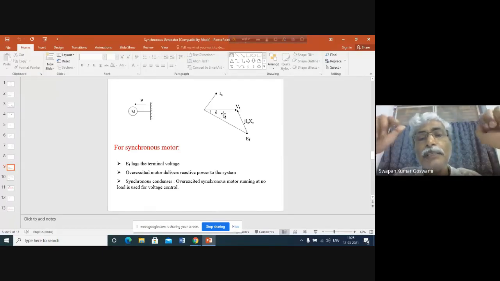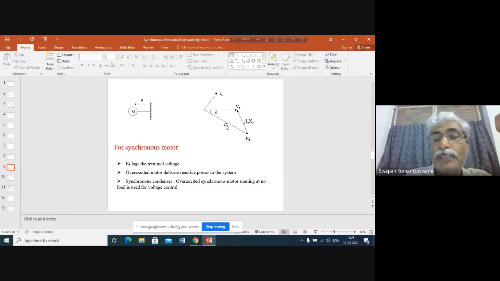If you reduce the reactive power, what will happen? Say this is the value of EF. If it is reduced, it means EF will be reduced. So this will be the direction of the drop, the IA XS will be this one, and this will be the direction of IA. So you see that in that case, IA is lagging VT. The motor is a load basically, so lagging current for a motor means the motor will be operating at a lagging power factor.